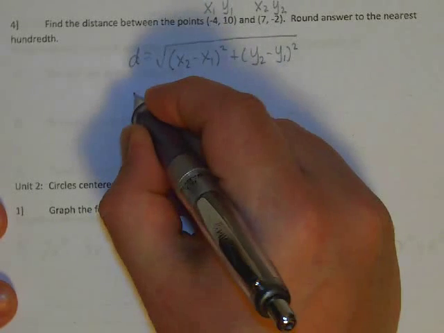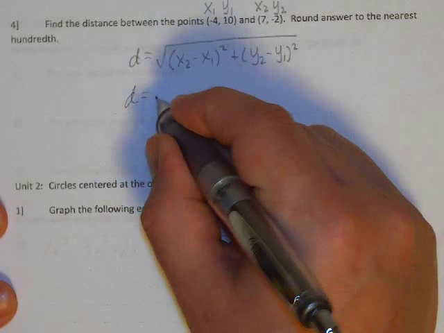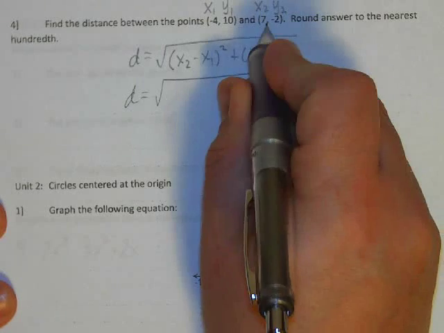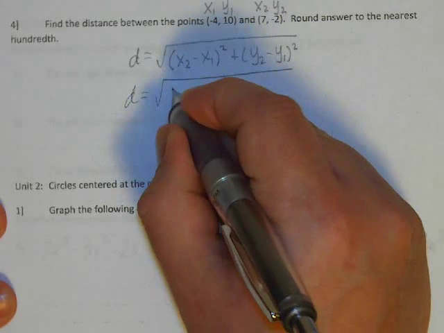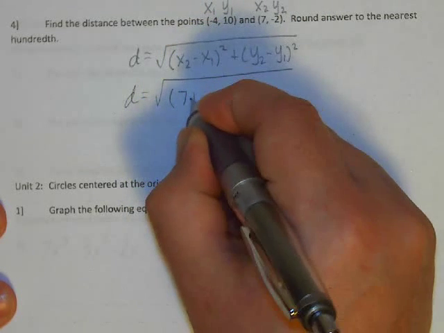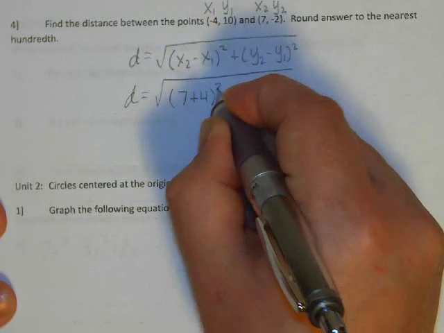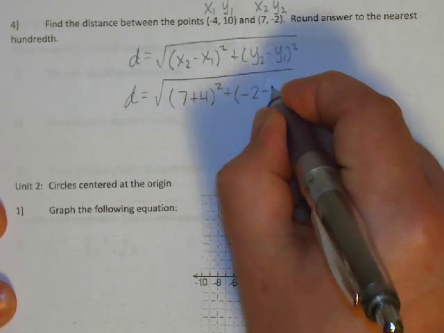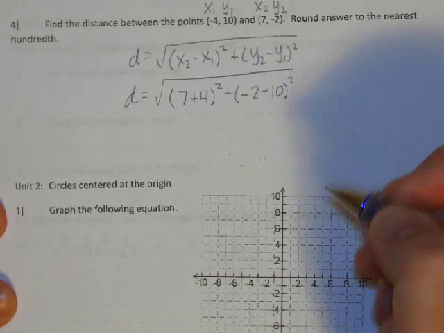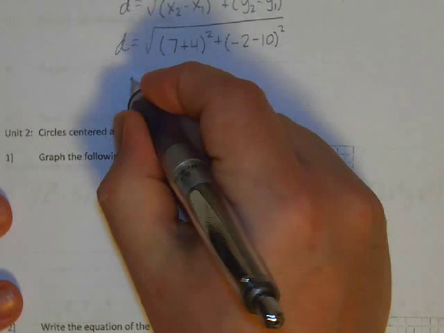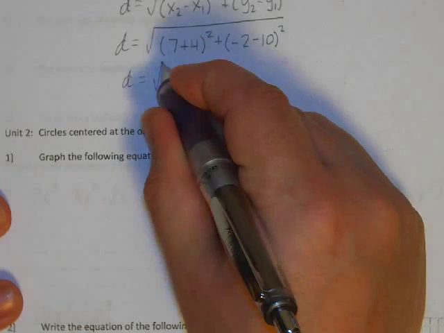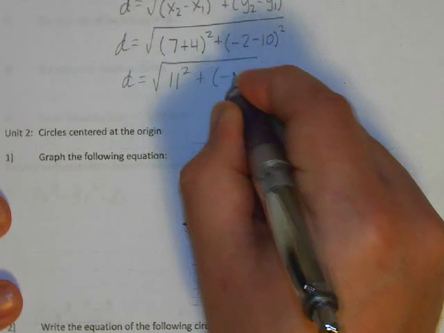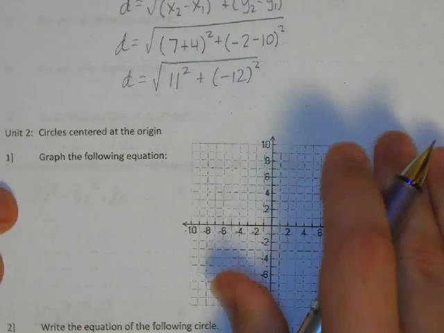Now we'll substitute them into the equation. So I get 7 minus negative 4, which is the same thing as 7 plus 4. And then I get negative 2 minus 10 for my y2 minus y1. So I get 11 squared plus negative 12 squared.